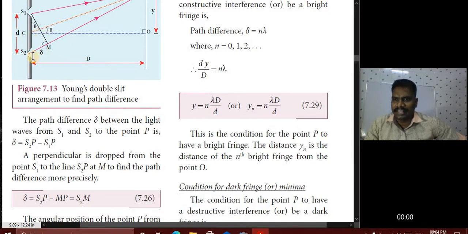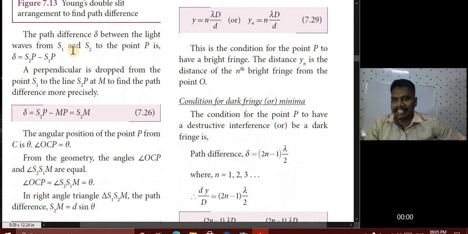The opposite side is S2M, and the hypotenuse is d, since S1S2 is the hypotenuse. So S2M divided by d is equal to sin theta.